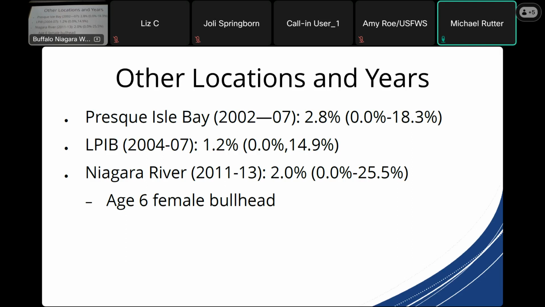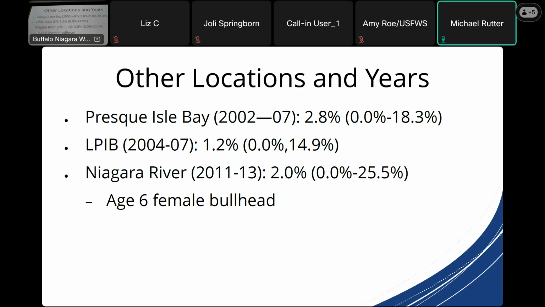Niagara River, from data collected from 2011 to 2013, again, a point estimate of 2.0, but the Buffalo River number is even smaller than what we saw in the Niagara River. I just want to point out that for Niagara River, they used age 6 bullhead, and those are just the females, because in that particular data set, sex was an important predictor.